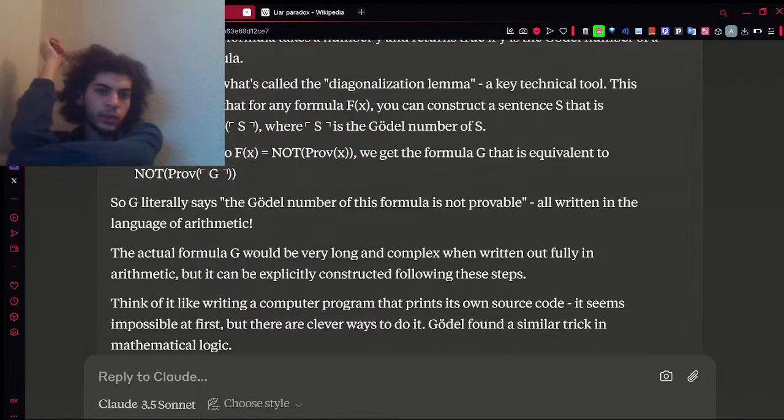We get the formula G that is equivalent to not Provable(⌜G⌝).